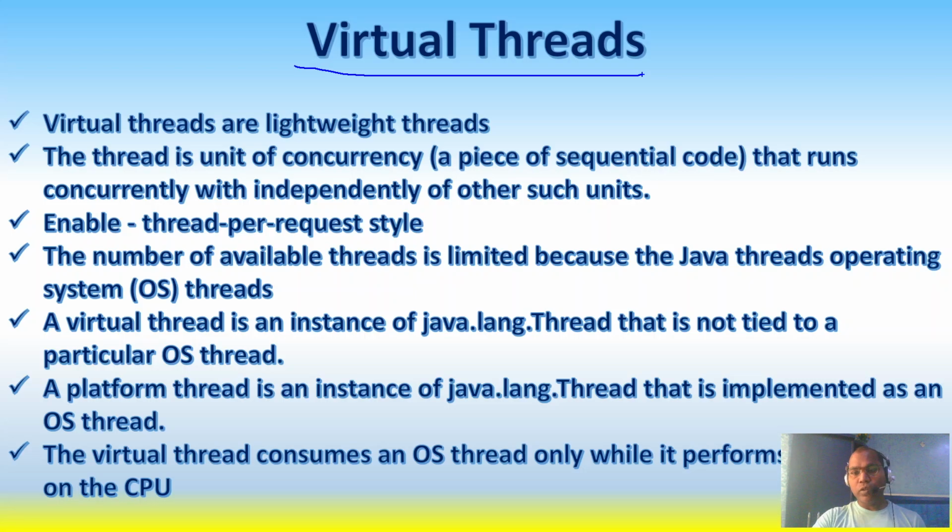And as you know, operating system threads are costly. They take memory, and the number depends on your cores. So in a way you can say platform threads are heavy and costly.